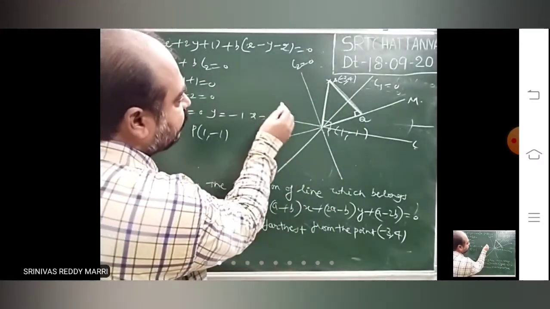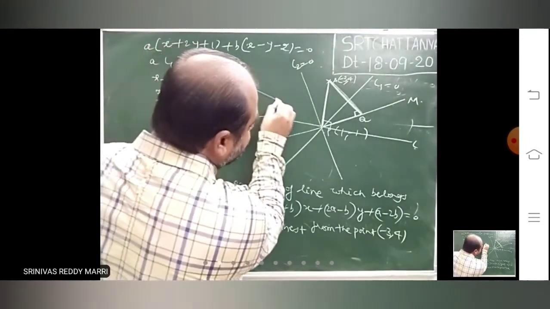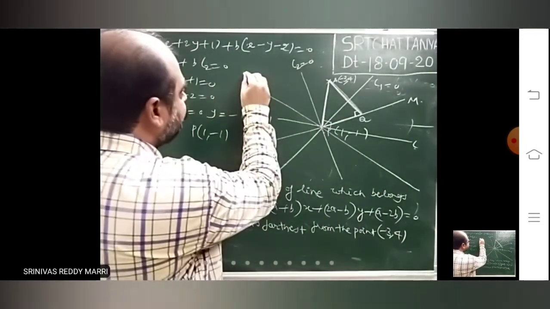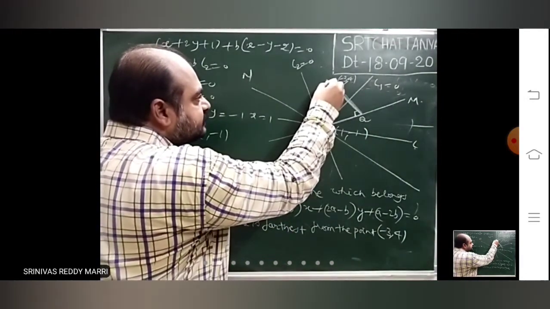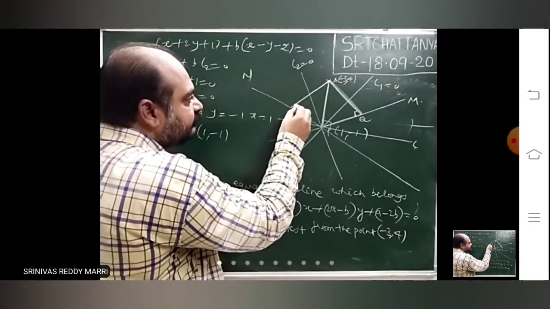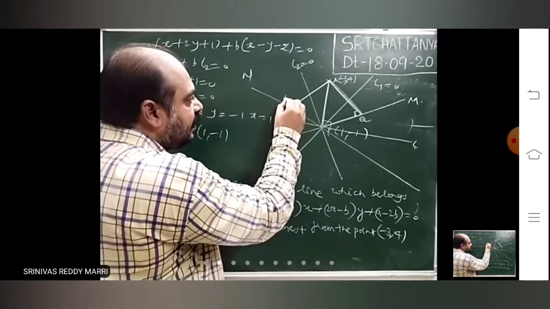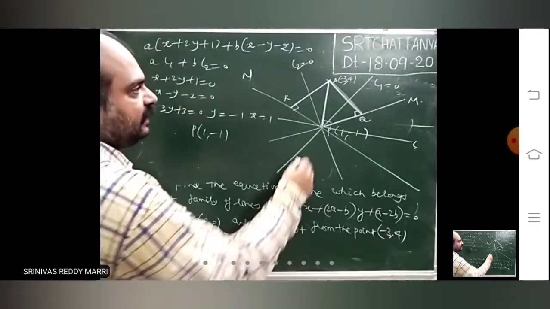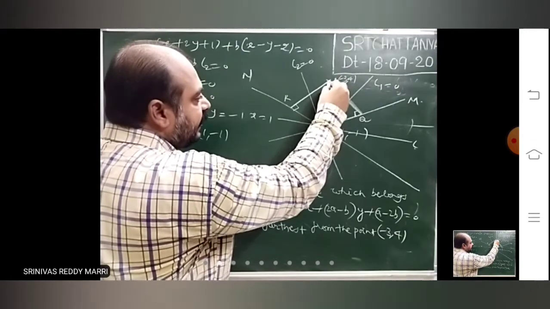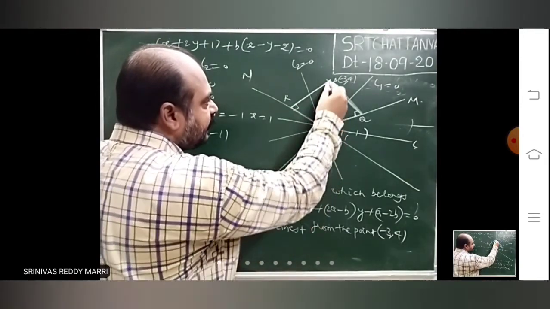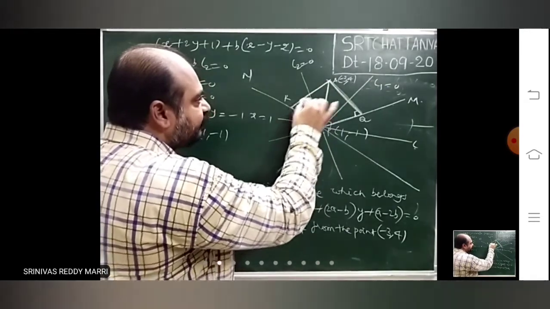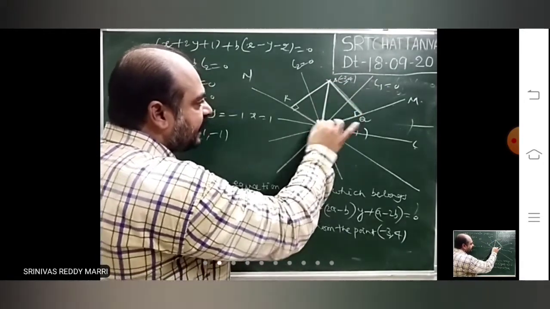Similarly, you take any other line, any line you want, say line N. The perpendicular distance from A to this, let us say this is R. Now look at the triangle APR. In this APR, AR is one side, AP is the hypotenuse.